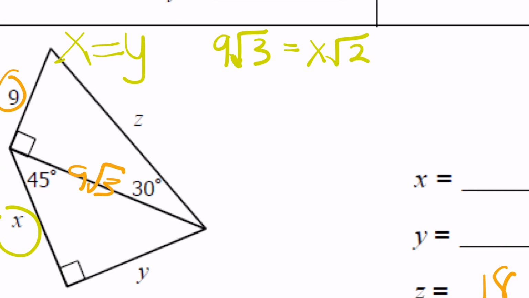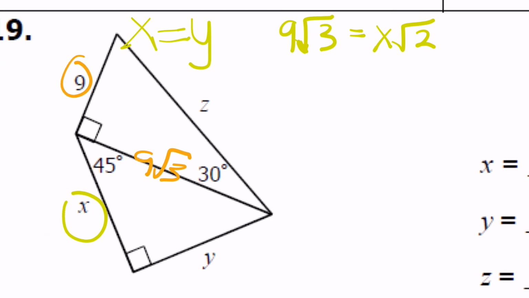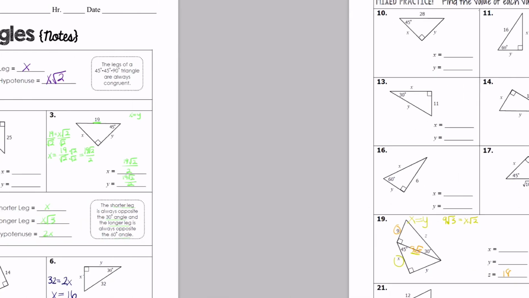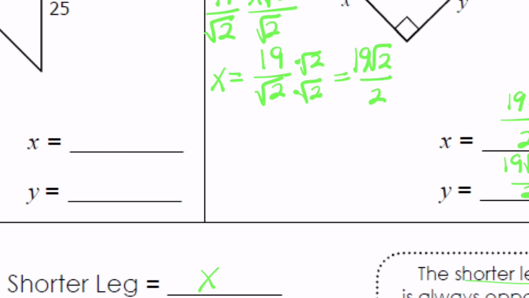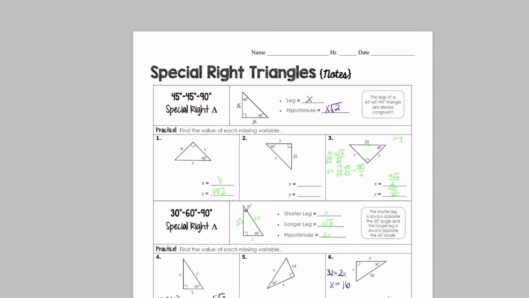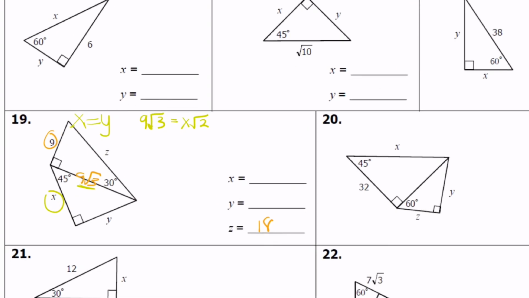Because this 9 root of 3 is my hypotenuse here, I need to use that to find my other two legs. And if you need to look back on the front page, on this one here, when we knew what the hypotenuse was, we set that hypotenuse equal to x square root of 2 in order to solve and find those leg values.